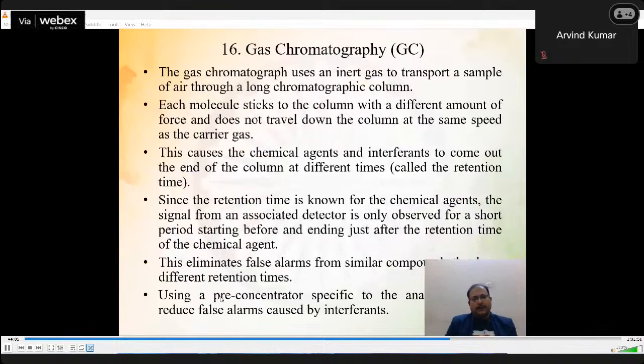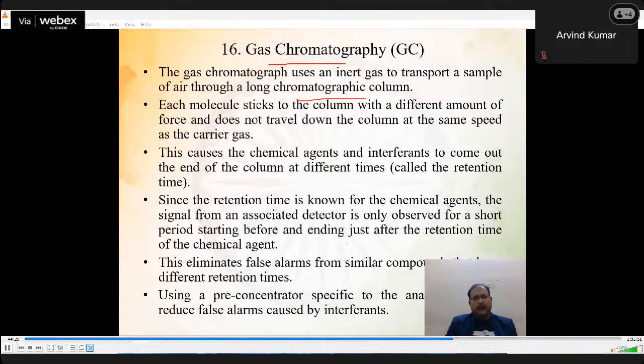After mass spectrometry, we have gas chromatography (GC). The gas chromatograph uses an inert gas to transport a sample of air to a long chromatography column. Each molecule sticks to the column with a different amount of force and does not travel down the column at the same speed as the carrier gas.